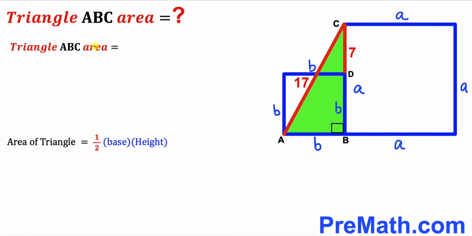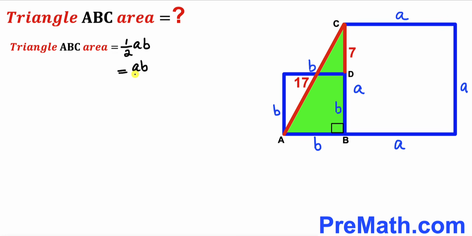So our triangle ABC area is going to become a half times a times b. And this could be written as AB divided by 2. So thus the area of this triangle ABC is supposed to be a times b divided by 2. Therefore now our task is to find the value of a times b.